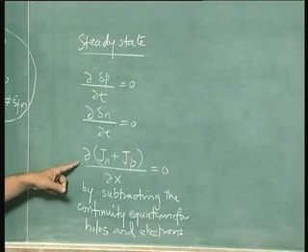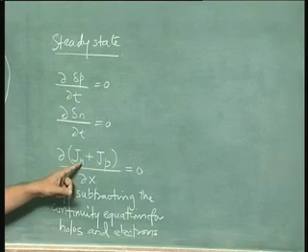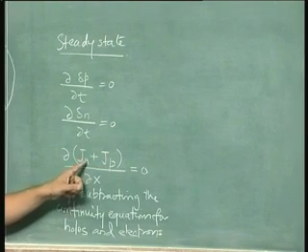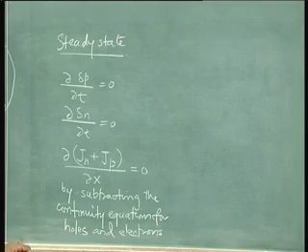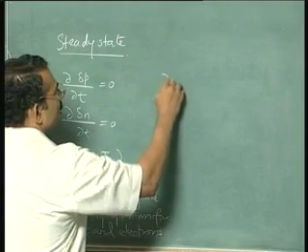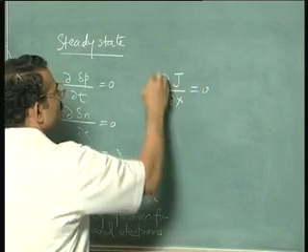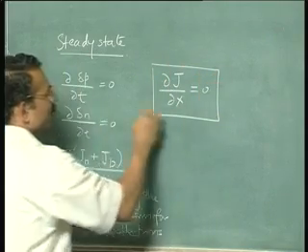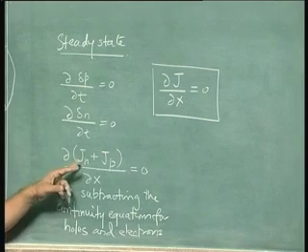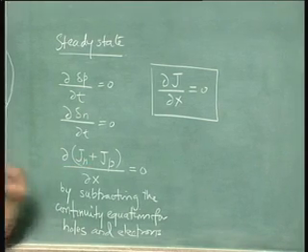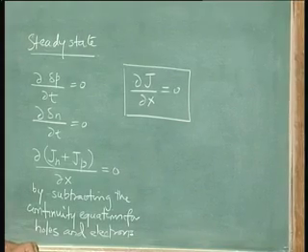So this is a very important result. It means that if you write Jn plus Jp as J, the total current flowing through the device, because it is the sum of the electron and the hole currents, we get the important result dou J by dou x is equal to 0. So in a one dimensional situation, the current will be constant with x, even though individually the electron and hole currents may vary with x, but their sum is constant with x.